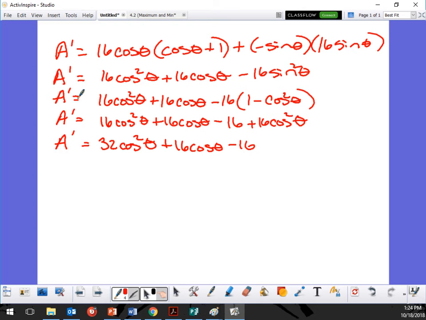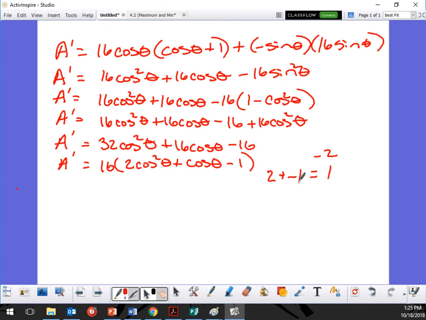Now we're going to factor, right? I'm going to factor out a 16 first to make it a little bit easier. So if I take out a 16, it's going to be 2 cosine squared theta plus cosine theta minus 1. All right. Given that, can we factor that? Say yes. Using my method, it's 2 times negative 1 is negative 2, and factors of negative 2 that add to positive 1 are going to be a positive 2 and a negative 1, right?